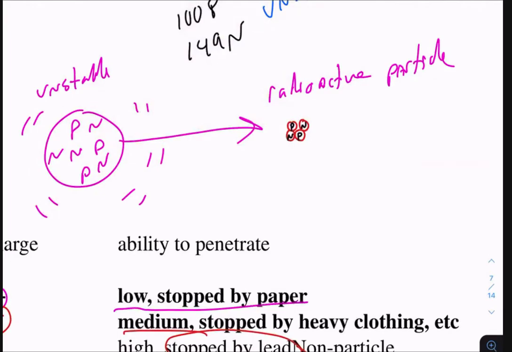If protons and neutrons were leaving, then our nucleus would have a gap, because those protons and neutrons had to come from somewhere. They literally came from the nucleus.